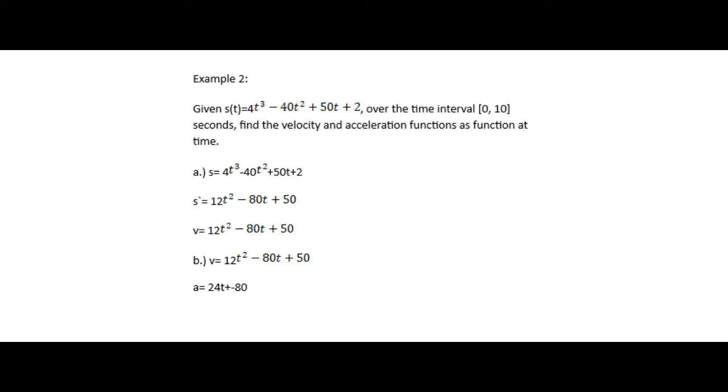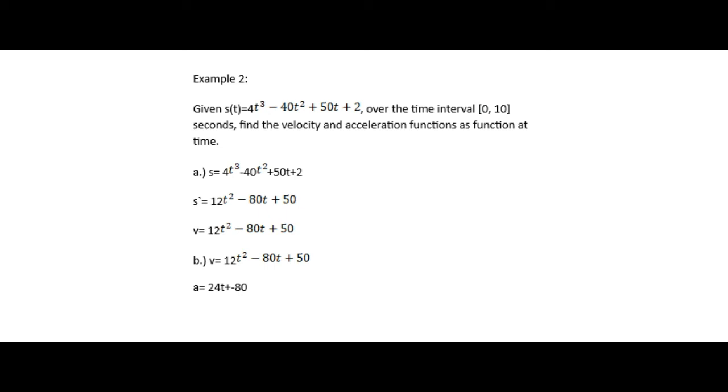Our given is 4t cubed minus 4t squared plus 50t plus 2. So our first derivative is 12t squared minus 8t plus 50. So our velocity is 12t squared minus 8t plus 50.